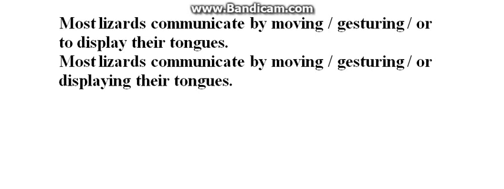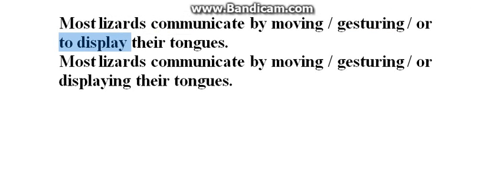Most lizards communicate by moving, gesturing, or to display their tongues. Right now, by now, you should know that that is incorrect, right? I mean, yeah, lizards communicate by displaying their tongues, but you should know that the sentence itself is grammatically incorrect because we have gerund, gerund, or verb.